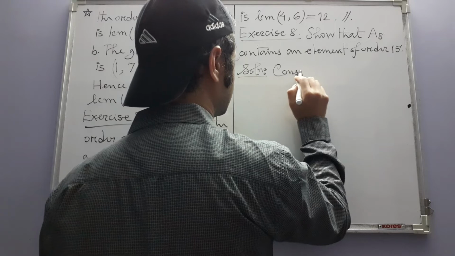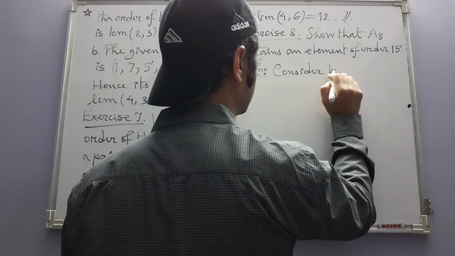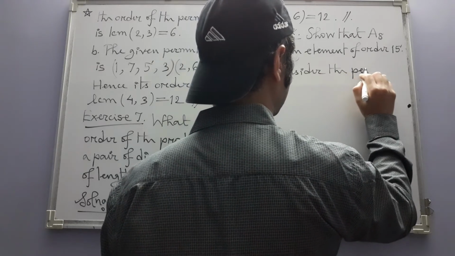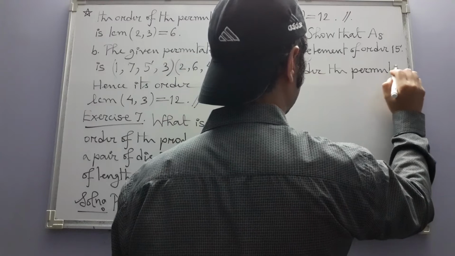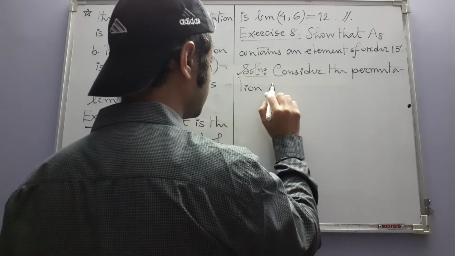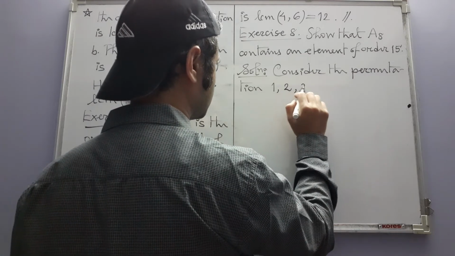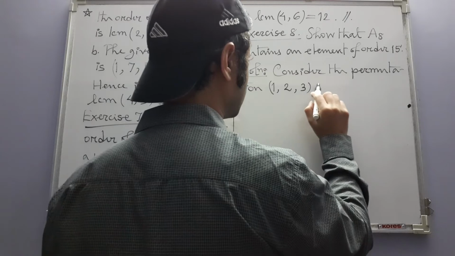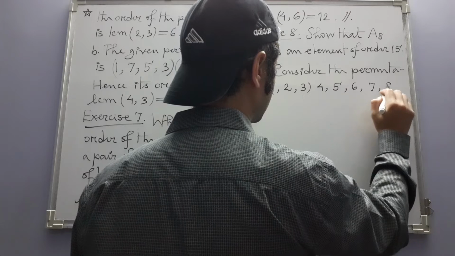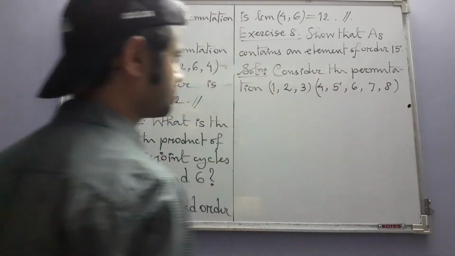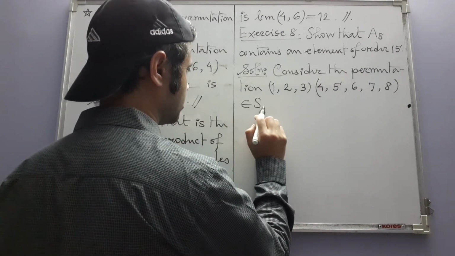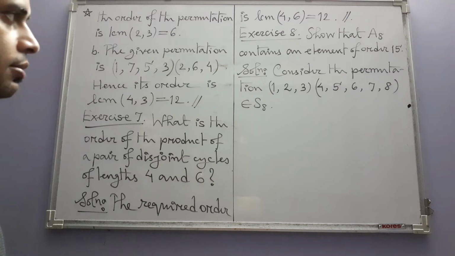Consider the element, or let us write the permutation itself, in the symmetric group of degree 8.